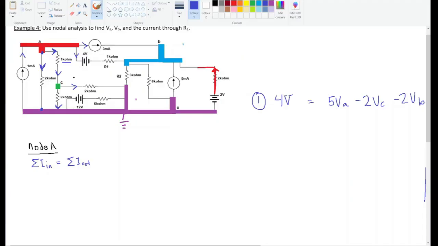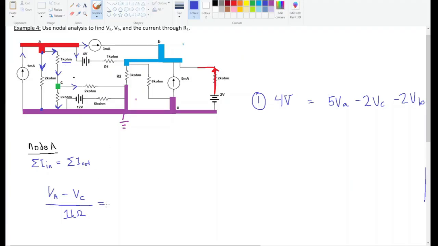Okay. So for node C, there's only one current coming in and 2 currents coming out. The current coming in is going to be the voltage at A minus the voltage at C over 1 kilo ohm. Just a reminder, this is the current moving through this resistor. The potential difference is VA minus VC, and then you divide by the resistor to get the current.